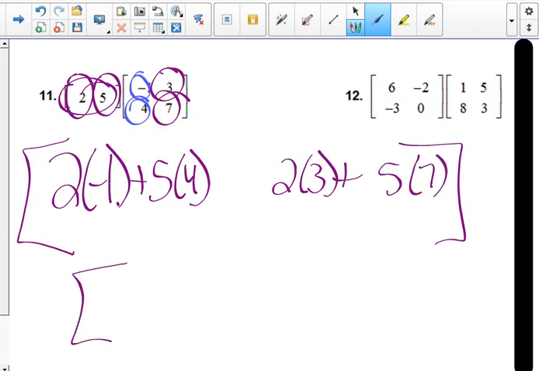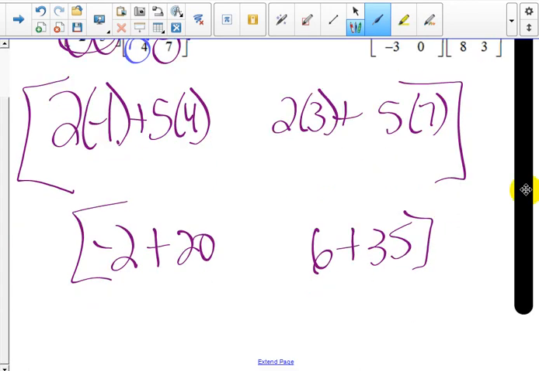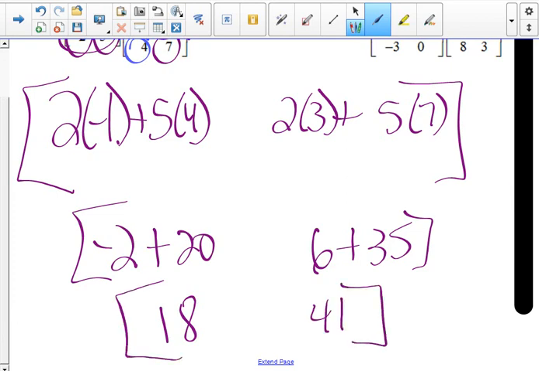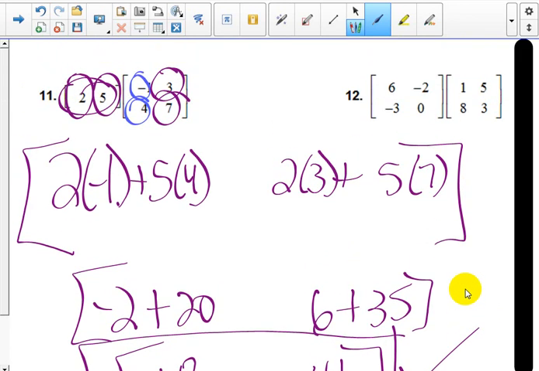So it's going to be -2 plus 20 and 6 plus 35, which is 18 and 41. Okay? And that's your answer. Any questions over that? All right.